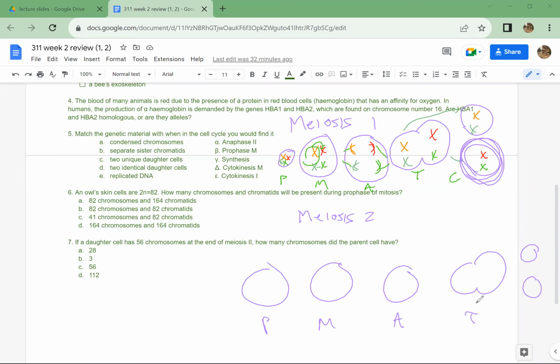However, unlike in meiosis 1, we don't have homologous pairs anymore. Our red chromosome was separated from its buddy, its homologous pair. They had the same information. It was so sad. They are no longer together.